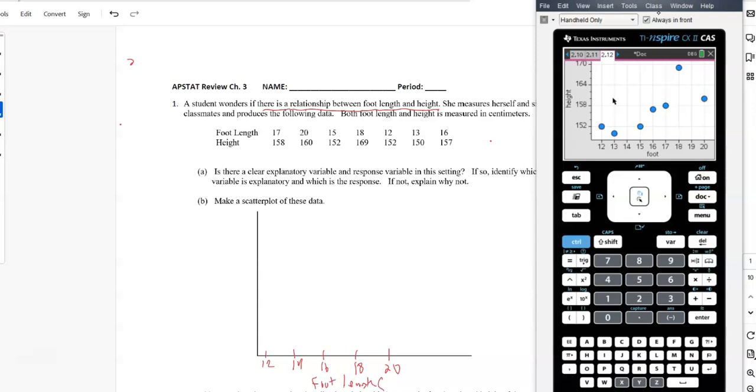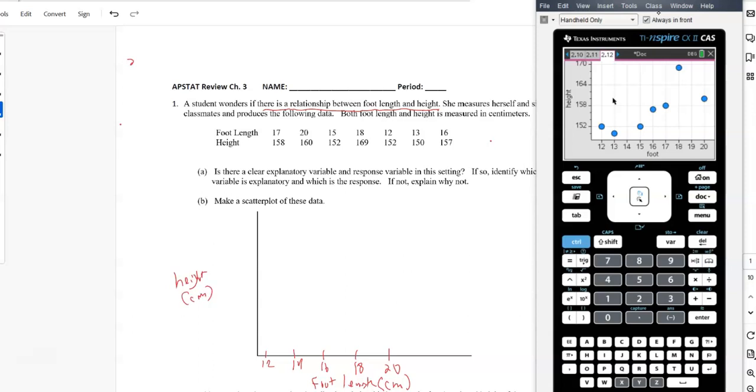Sorry, it's sloppy. And that's measured in centimeters, I believe. And then height is measured in centimeters also. So height in centimeters.